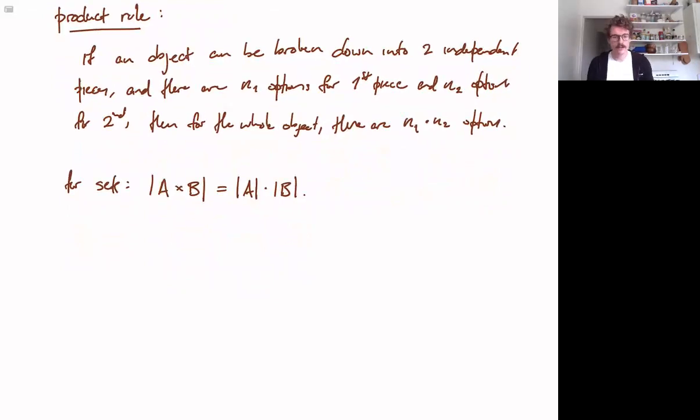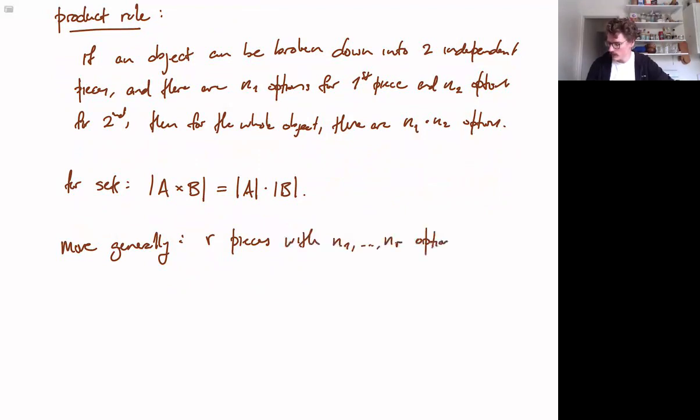Let's soon get into some examples, but really quickly I want to say more generally, if you can break it down into a bunch of different pieces, let's say R different pieces, with n1 through nR options for each, then the total number of options, again, you just take the product.